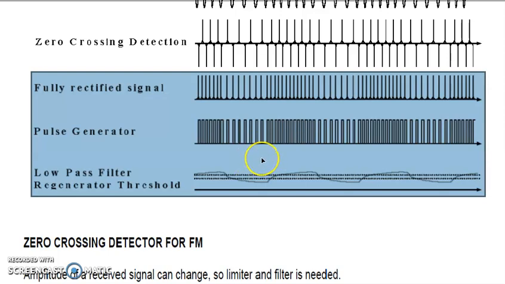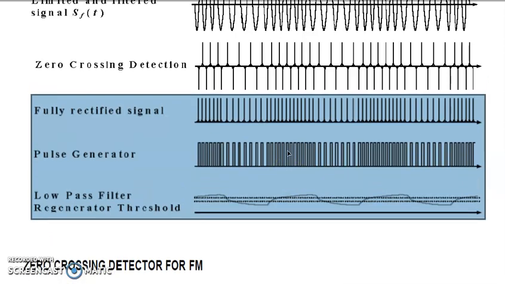As we know the concept of FM, the carrier signal frequency is modified according to the amplitude of the message signal. Meaning if the message signal amplitude is greater at any point, the FM output will have higher frequency at that time.